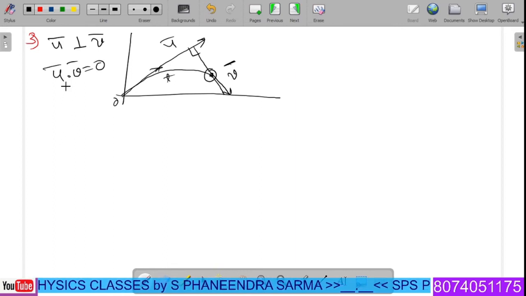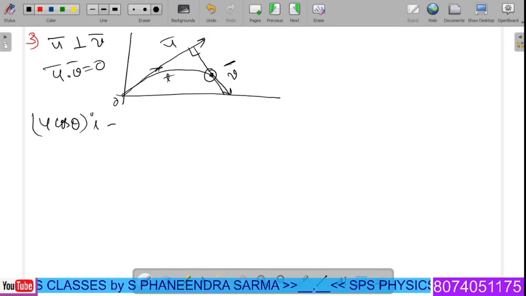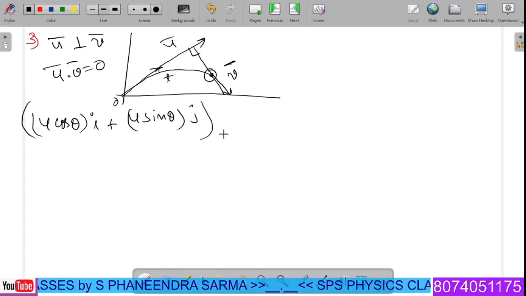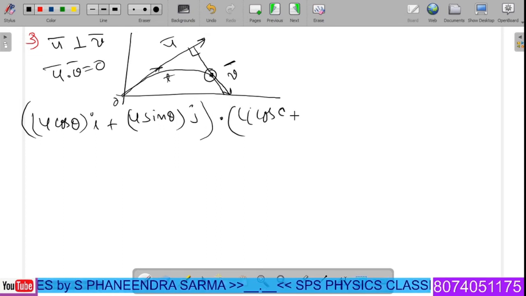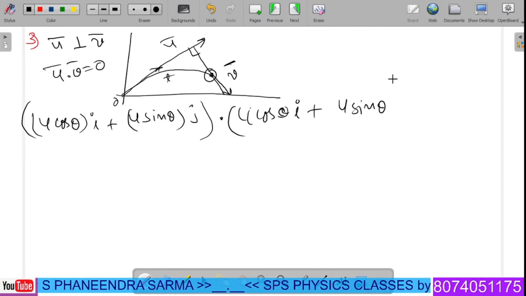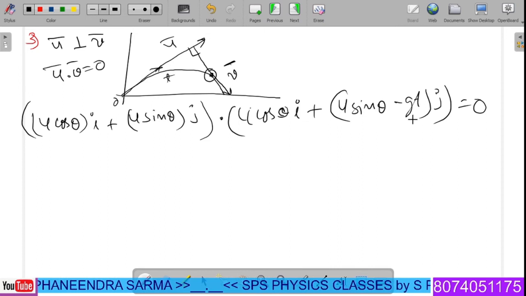So in this case, let us substitute the values of u bar and v bar: (u cos theta i plus u sin theta j) dot (u cos theta i plus (u sin theta minus gt) j) is equal to 0.